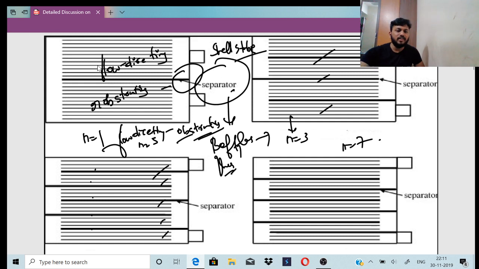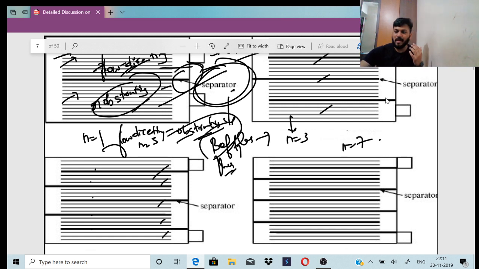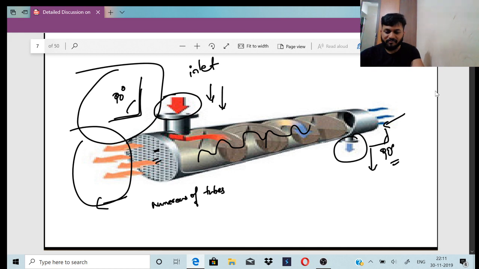Okay, they are used to direct the flow of the fluid, मतलब जो भी fluid अंदर जा रहा है और अंदर एंटर कर रहा है वो उस फ्लो को डायरेक्ट करते हैं और उस फ्लो को शायद ऑब्स्ट्रक्ट भी करते हैं. If they are obstructing then they are called separators, if they are flow directing then they are called as baffles. So what are basically baffles?